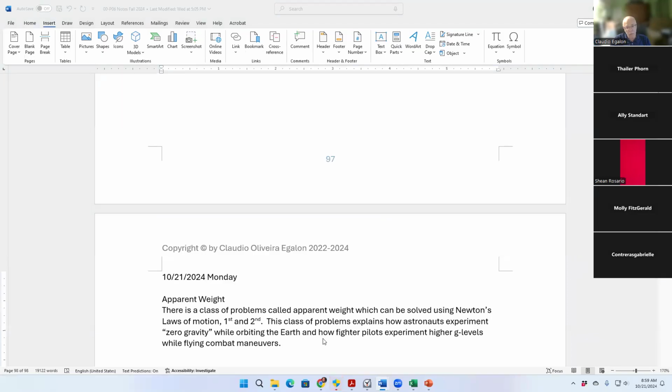And they will show you what it feels like experiencing 5 Gs, 5 times the acceleration of gravity. You have an apparent weight of 5 times your own weight.